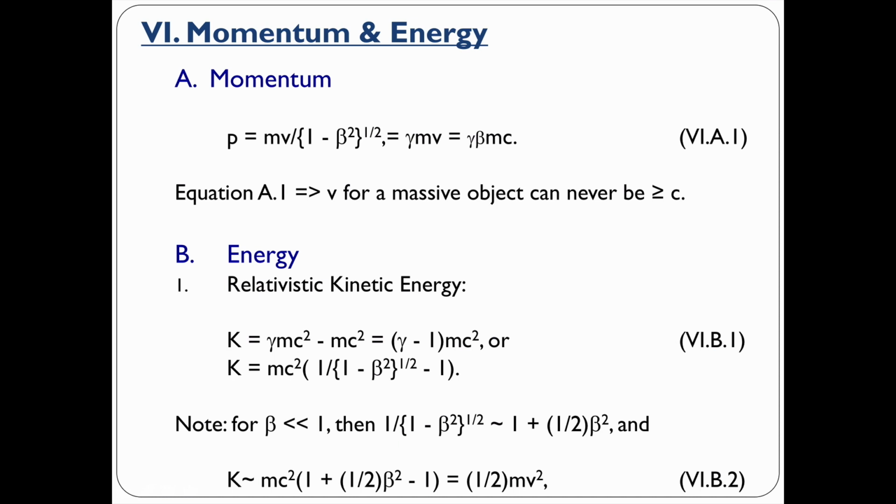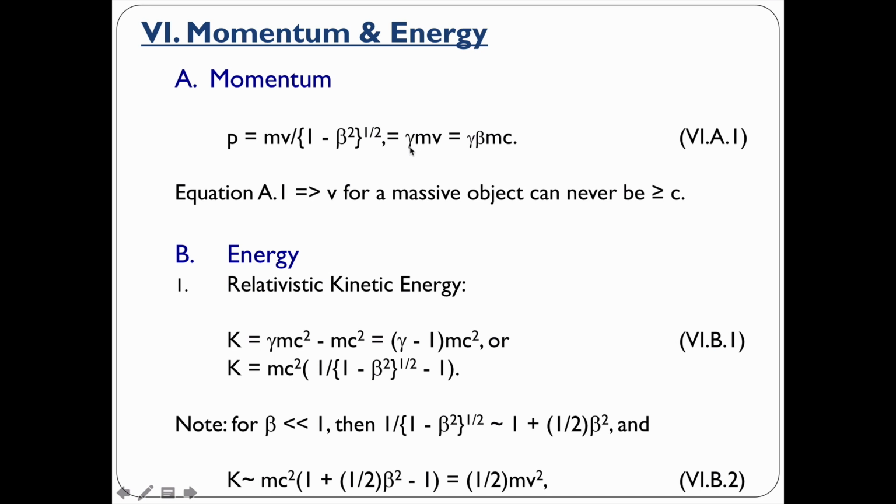And finally, since we've seen how velocities, how space, how time are relative and are measured, we can define the same things for momentum and energy. Namely, we can define a relativistic momentum, and that is the mass times v over the square root of 1 minus beta squared, where beta is equal to v over c.